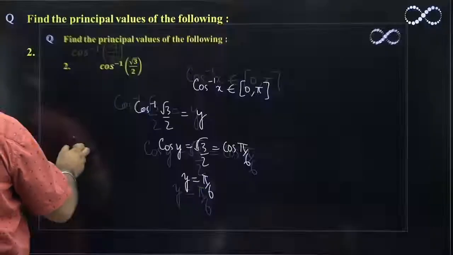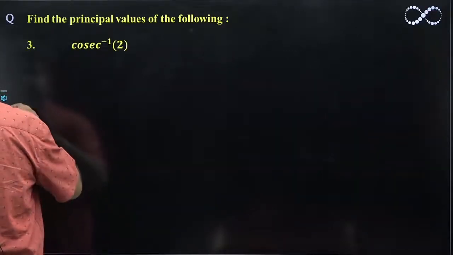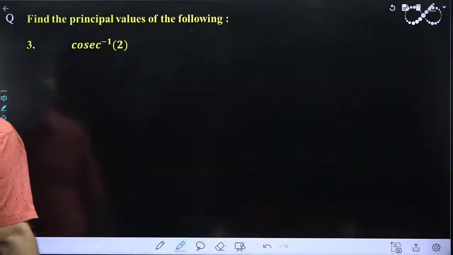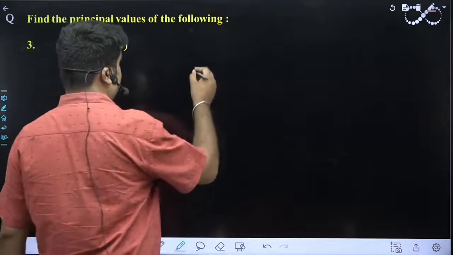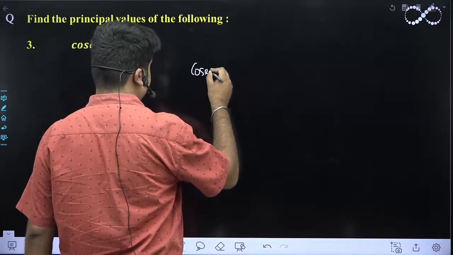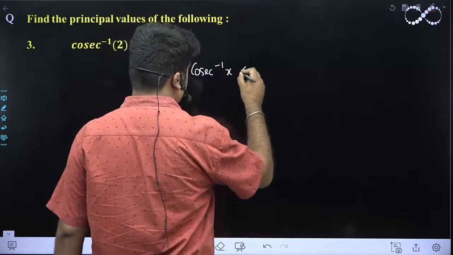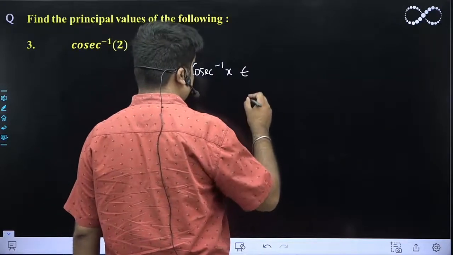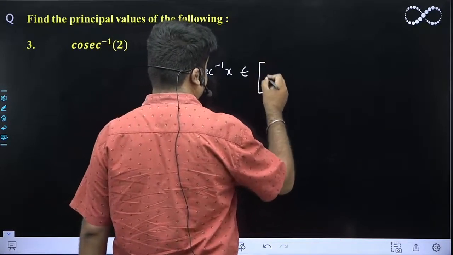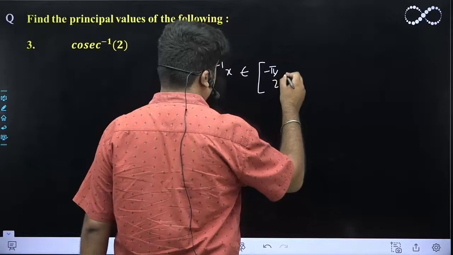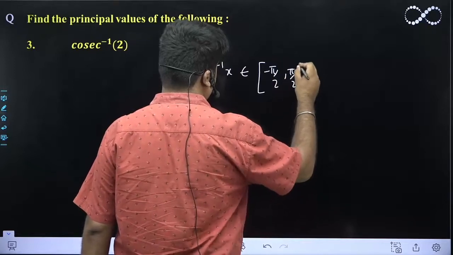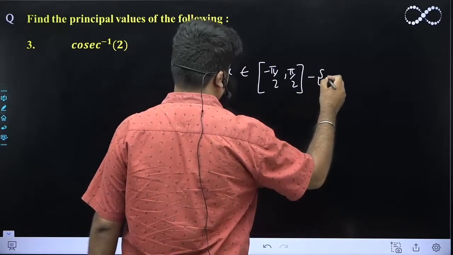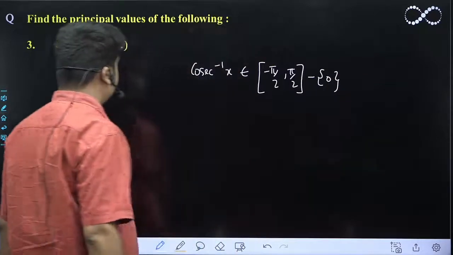So next one says, find the principal values of cosecant inverse 2. So cosecant inverse x lies between minus pi by 2 to pi by 2 except 0, right?